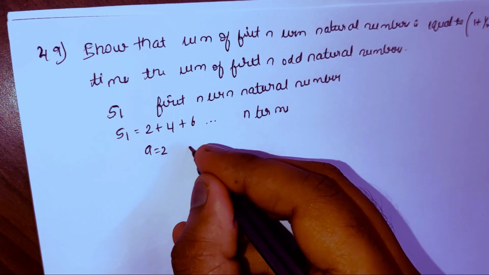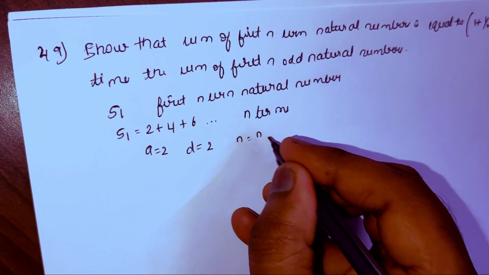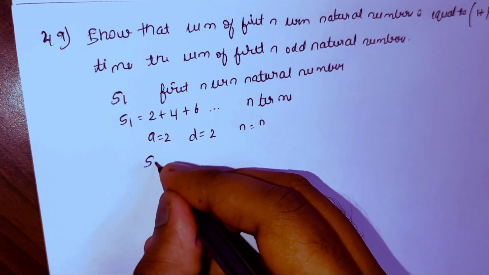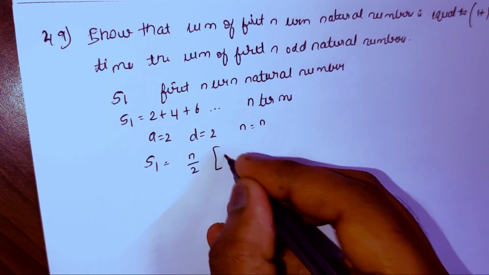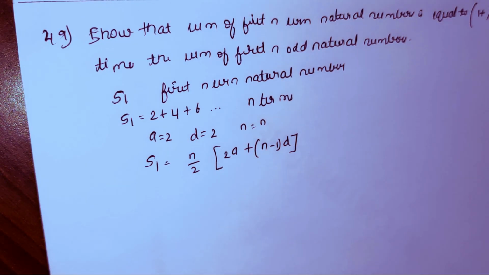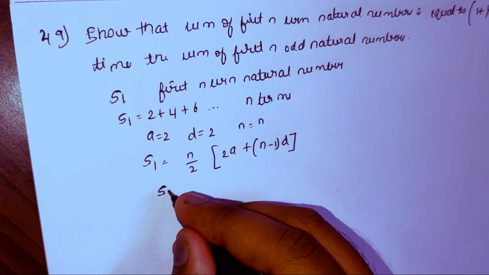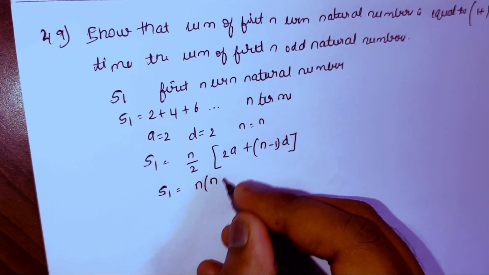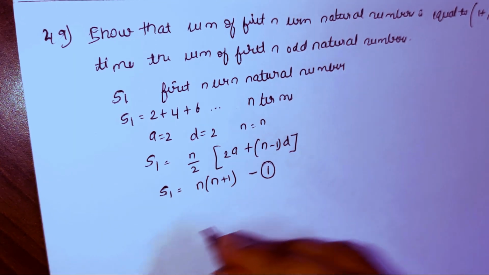Here a is 2, d is 2, n is n. So S1 is equal to n by 2 into 2a plus n minus 1 into d. Substitute the values. You will get S1 is equal to n into n plus 1. Consider it as the first equation.